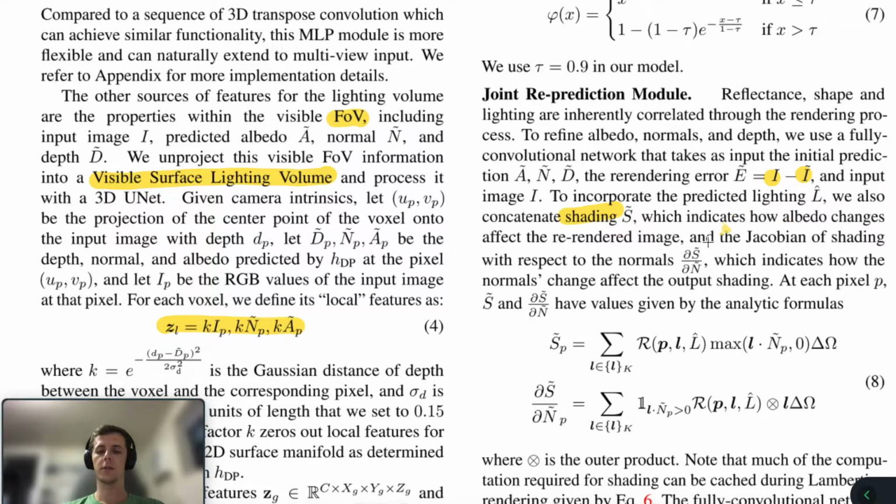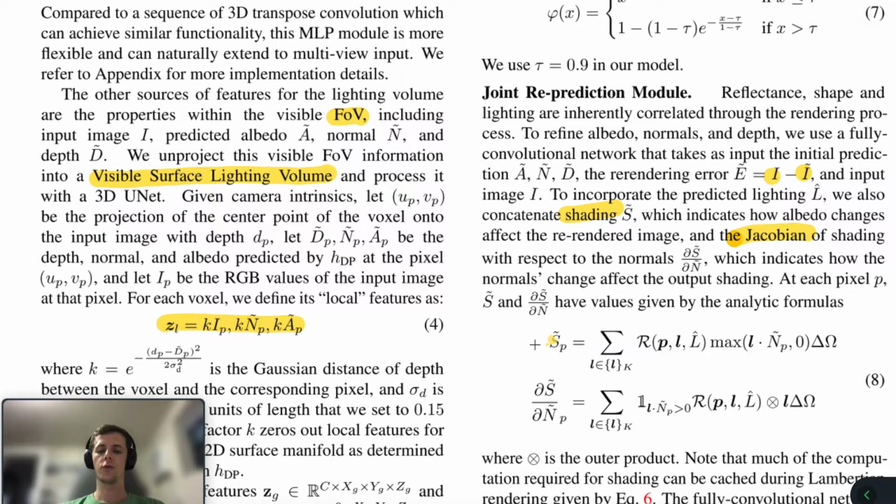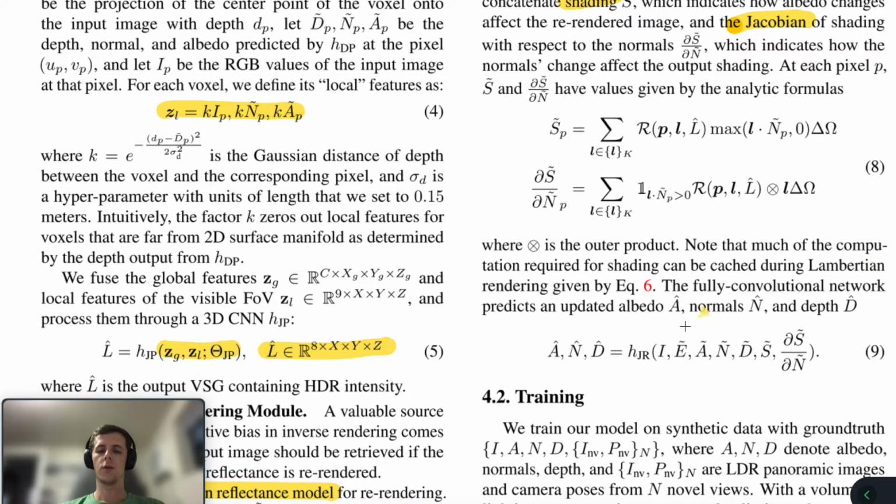All this information combined is provided to a network, which also takes all the predictions we mentioned before, the albedo, depth, and so forth, and it generates a final prediction for albedo, normal, and depth. And so that's the method.